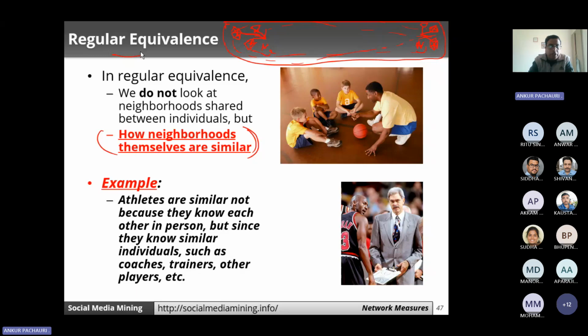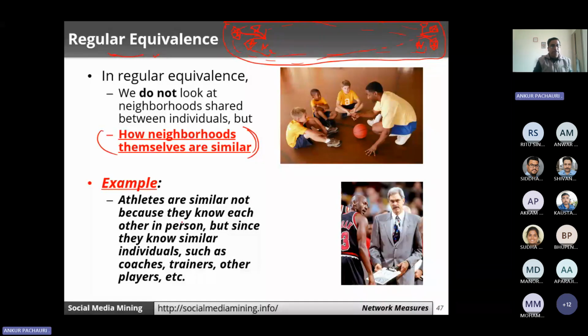Not this product, this type of product. A person of similar interest had watched this type of movie, not this movie. In that case, the recommendation system is not based on connectivity. It is based on regular equivalence.